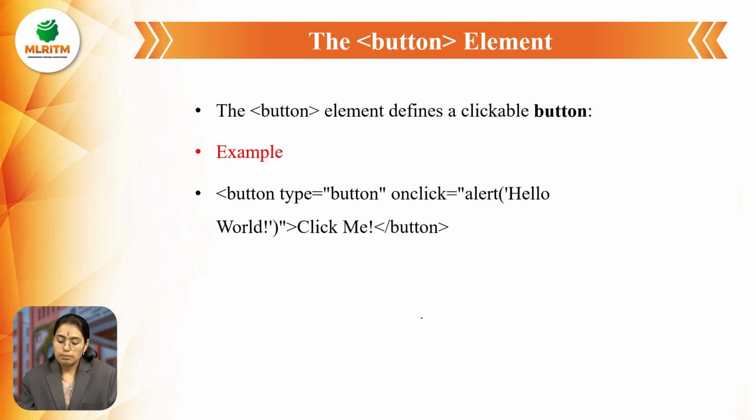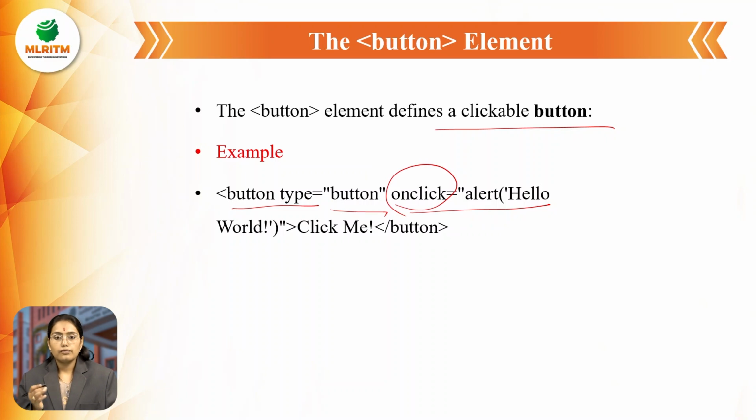Coming to the button element. What is a button? The button element defines a clickable button. When we want to click on a page to say OK or to sign in, there we need this button element. So button type equal to button, initializing the button name, onclick equal to alert. Why are we using onclick? When we press the button, we want to perform some action.